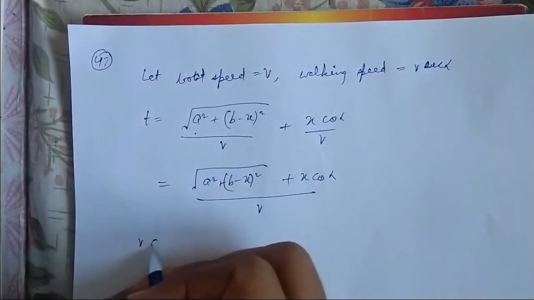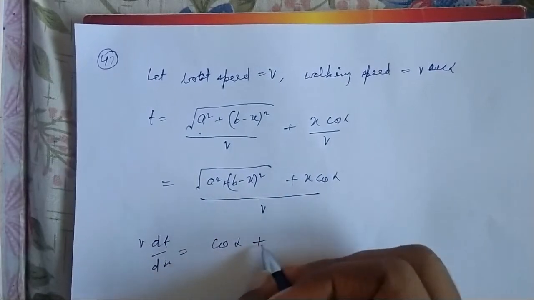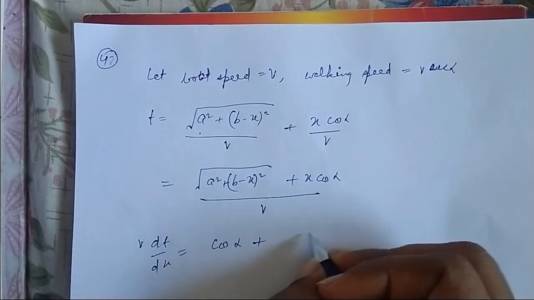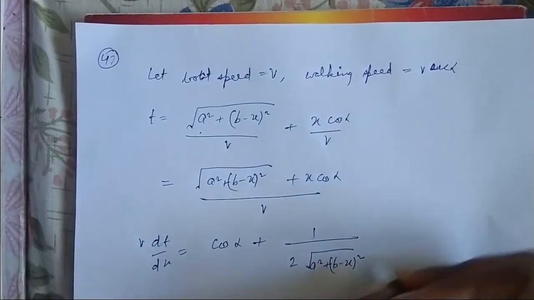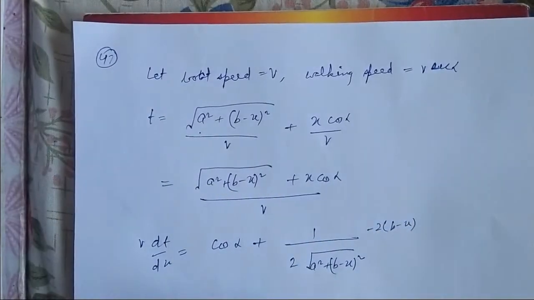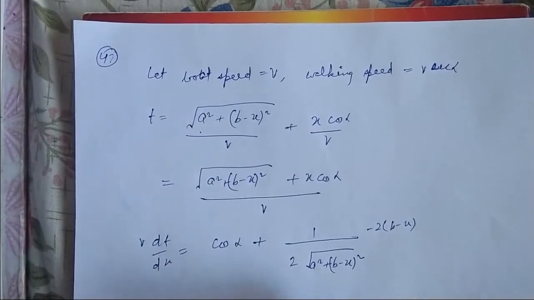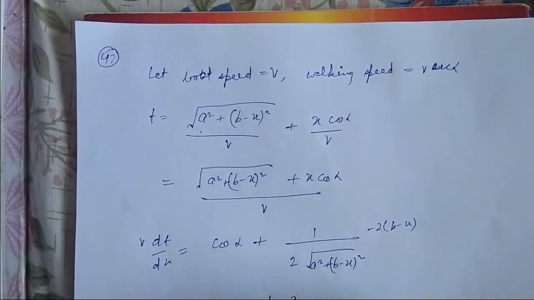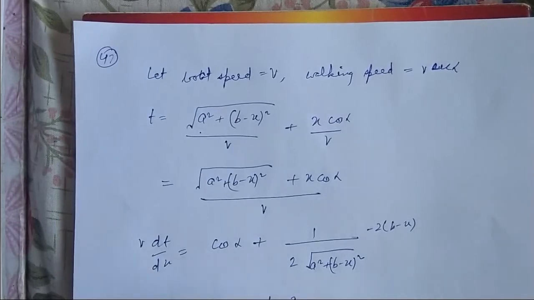Now v dt by dx is equal to cos alpha plus the derivative of the root term. Now if dt by dx is equal to 0, then cos alpha is equal to b minus x upon root of a square plus b minus x whole square.